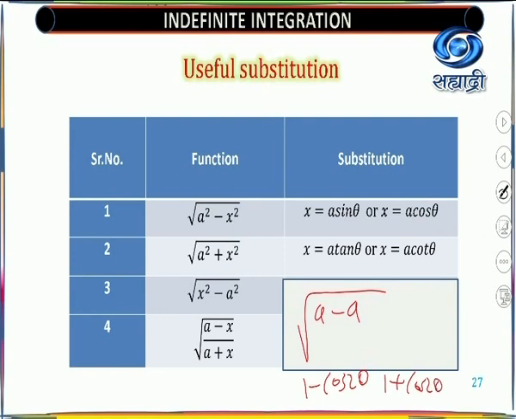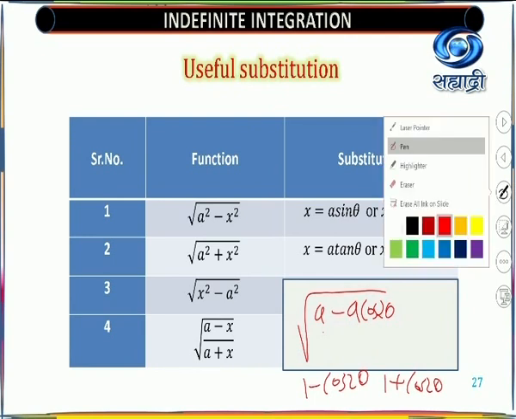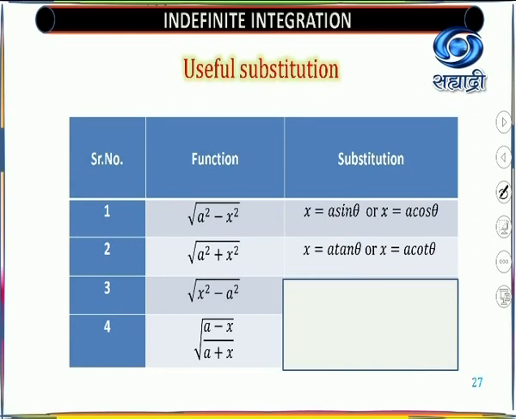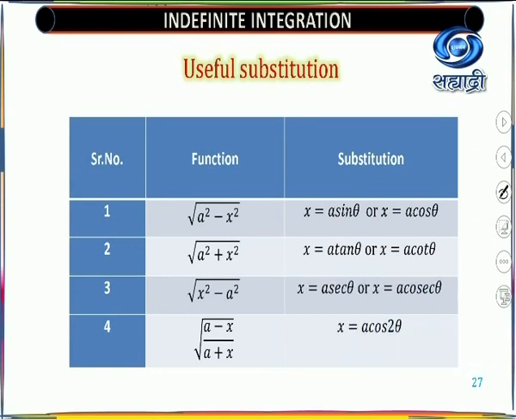Therefore, the substitutions will be a minus a cos 2 theta or a plus a cos 2 theta, which gives you square identities, and you get rid of the root sign. So your substitutions will be x equal to a sec theta or x equal to a cosec theta, and x equal to a cos of 2 theta.